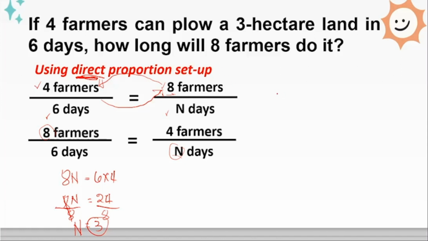Or you can set it up in column form: 4 farmers to 6 days as 8 farmers to n days.